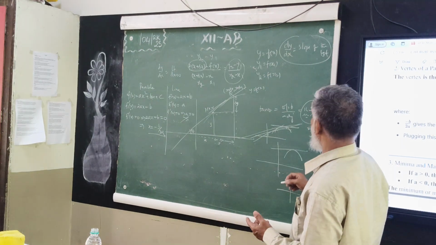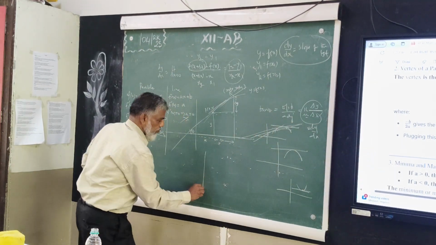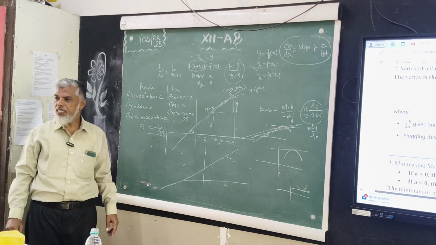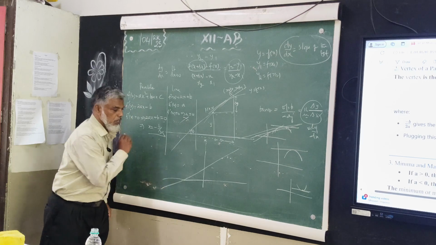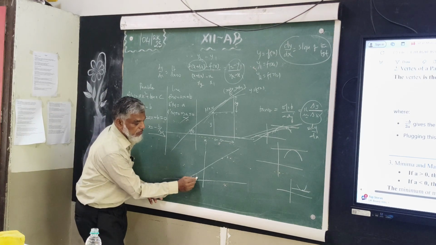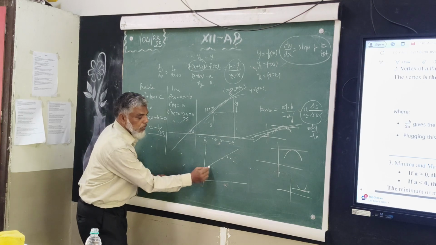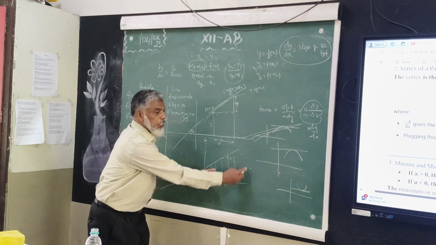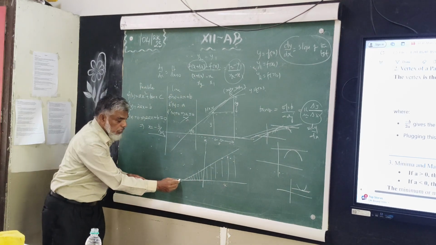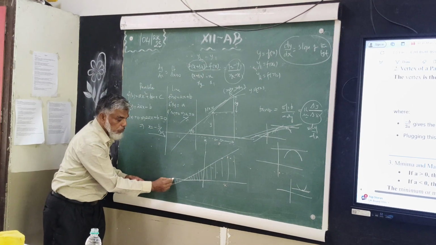Now look at this one. A line is there. Here the values increase. At infinity, you will have a maximum value. Similarly, the value decreases: minus 1, minus 2, minus 3, minus 4.